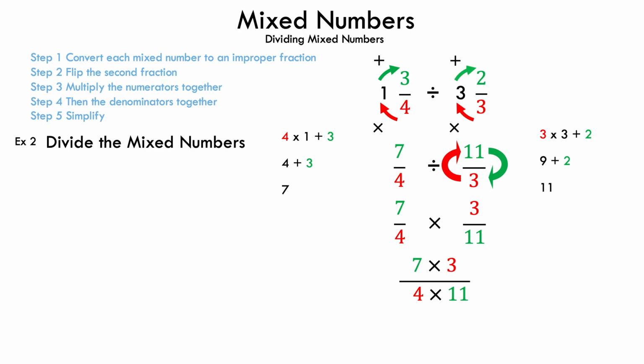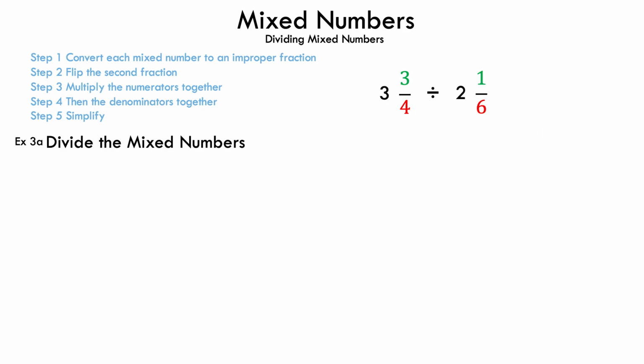Now we have 7 times 3 on top, 4 times 11 on the bottom, and that gives us 21/44 because 7 times 3 is 21 and 4 times 11 is 44. And in this case, we are done. Why? Because we have a proper fraction, so we can't make that into a mixed number, and we can't simplify. So there we go. Our answer is 21/44.